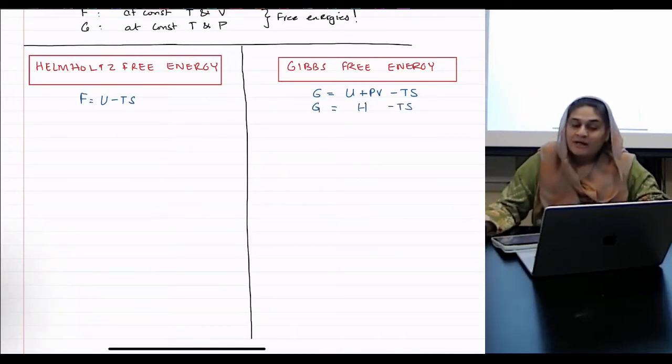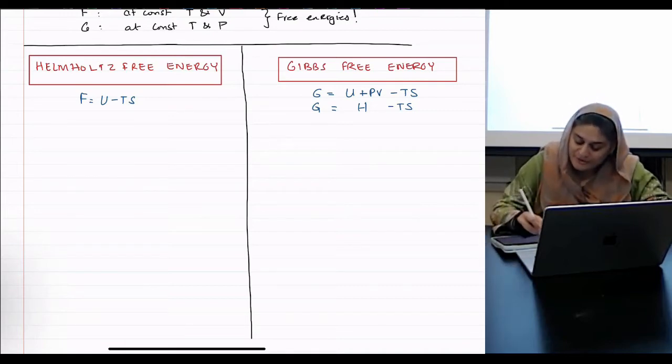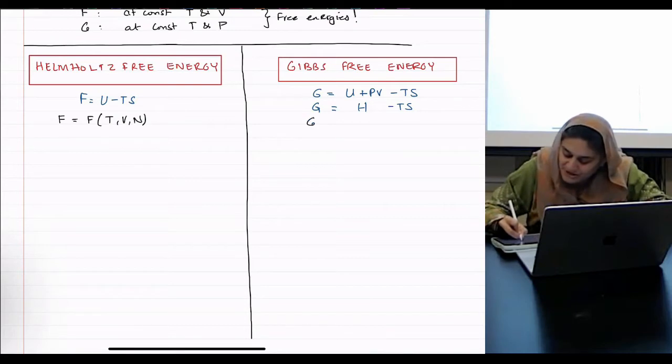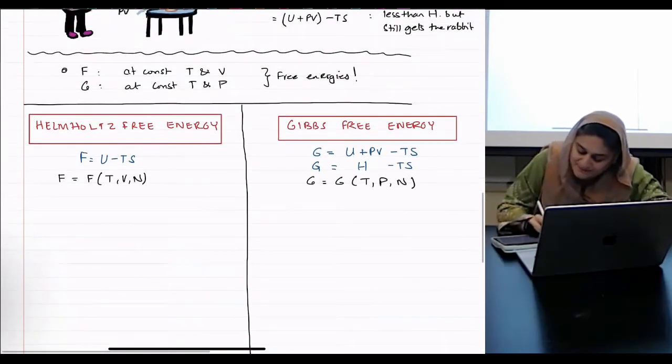I am also going to tell you that F is a function of T, V, and N, and G is a function of T, P, and N. Isn't that what this says?